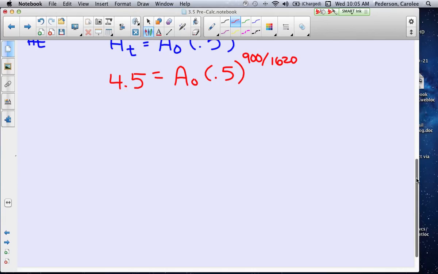So you may want to do that right side exponential first. So you put 0.5 raised to the 900 over 1620, and you get 0.68039. And then what would you do? Divide by that. Yep.